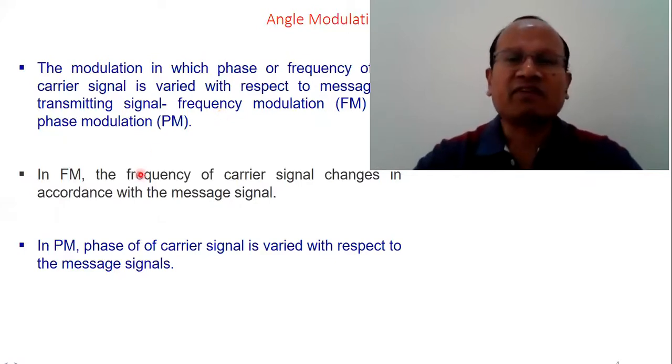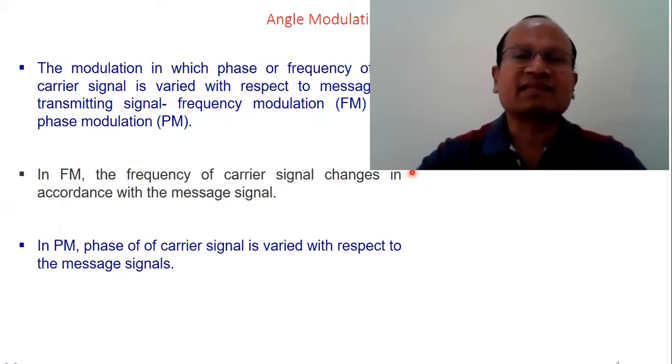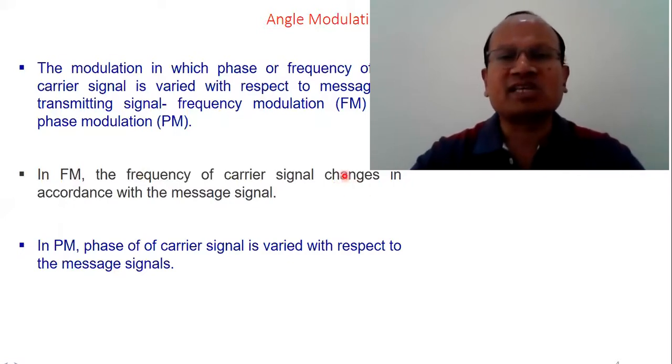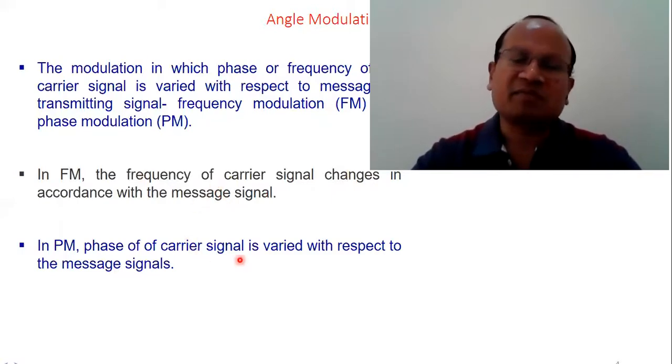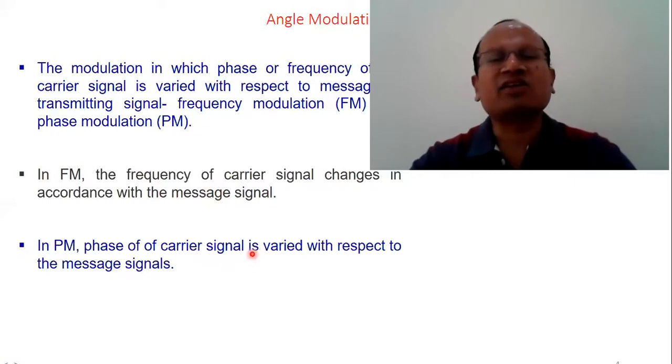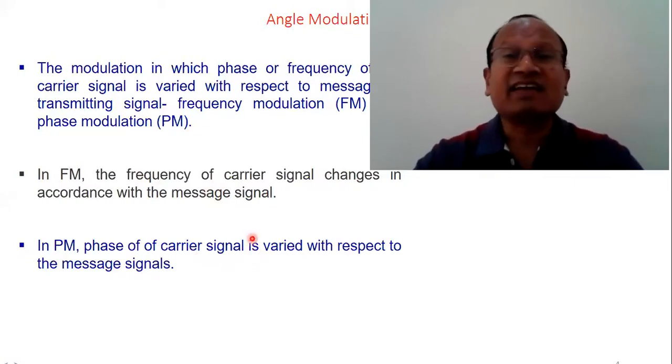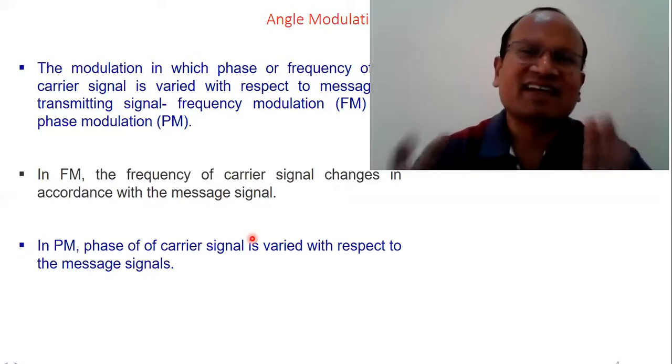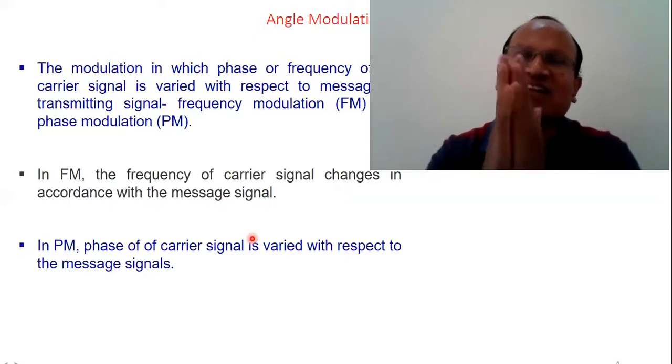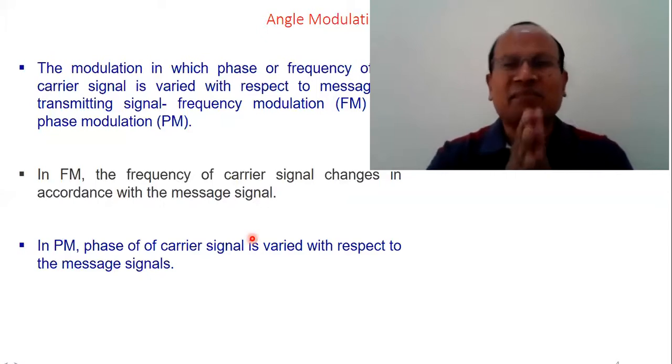In FM, the frequency of the carrier changes, as we have seen in the previous slides. The frequency of the carrier changes according to the instantaneous value of the message signal, whereas in PM, the phase of the carrier changes according to the instantaneous value of the message signal, rather according to the message signal, because as I told you, there is a thin line which separates phase and frequency modulation.